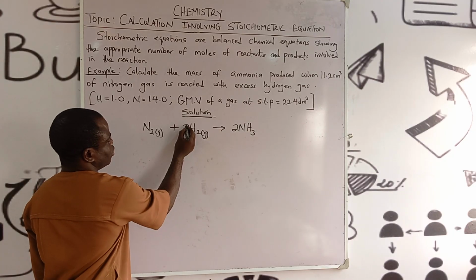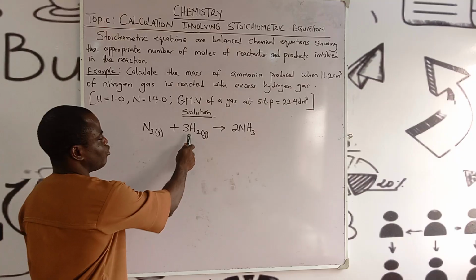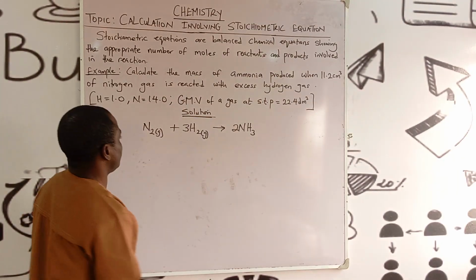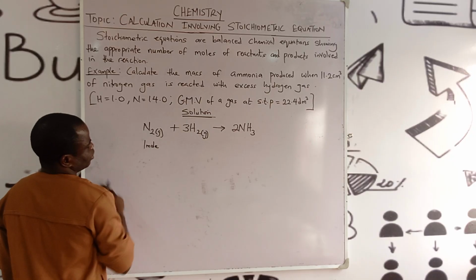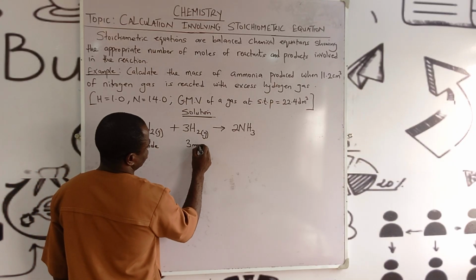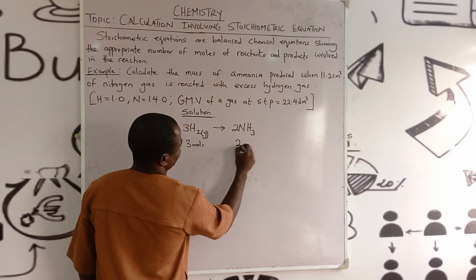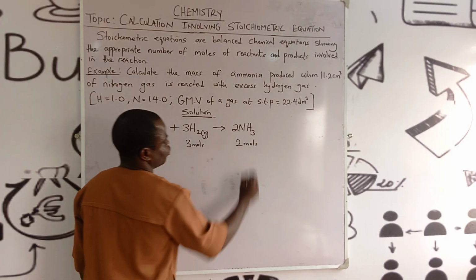That's 3 moles of hydrogen. Now you have 1 mole of nitrogen, 3 moles of hydrogen, and 2 moles of ammonia.